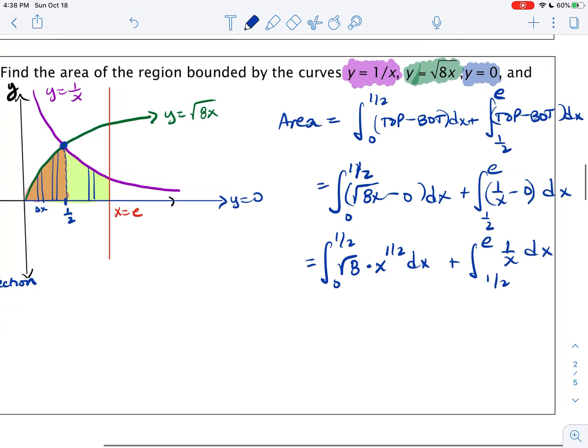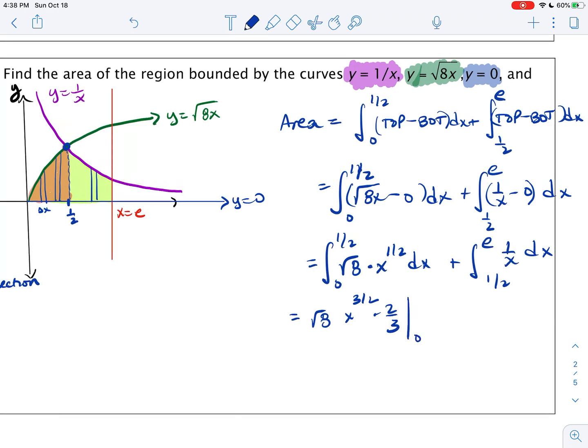And so calculating these values, we end up with square root of 8 times x to the 3/2 divided by 3/2, which is times 2/3, right? And we're going to go from 0 to 1/2. The integral of 1 over x is the ln of absolute value of x, and we're going to go from 1/2 to e.